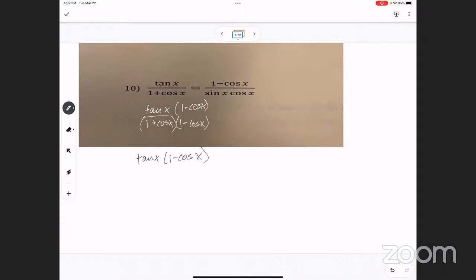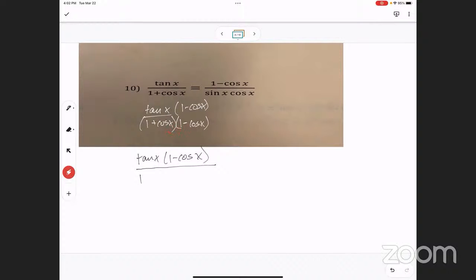Good. And then on the bottom, what's going to happen when I FOIL that out? FOIL: first, outside, inside, last. What's 1 times 1? 1. What's cosine times 1? That's cosine x, right?